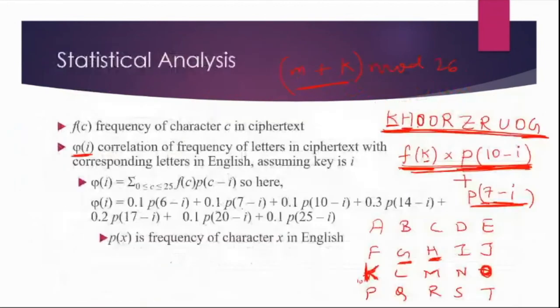When you deal with statistical analysis, we are actually doing this calculation only for distinct letters. And how many distinct letters could be possible in English? There are only 26 distinct letters. So at max, how many times do you have to compute this phi? 26 into 26 times.